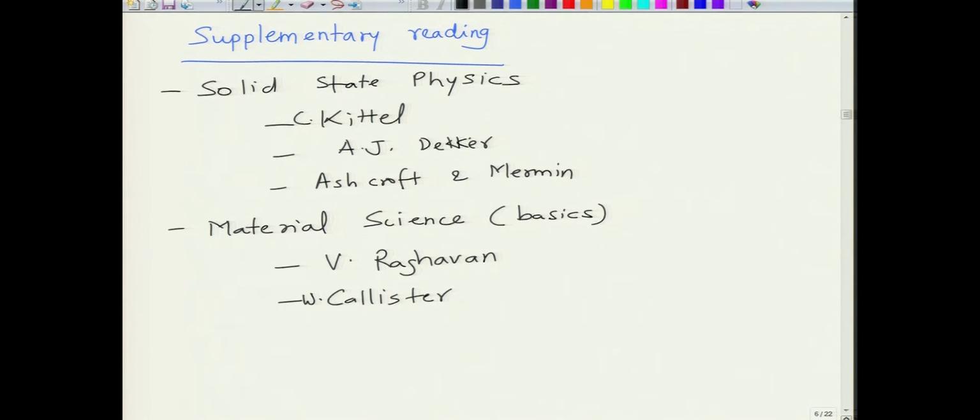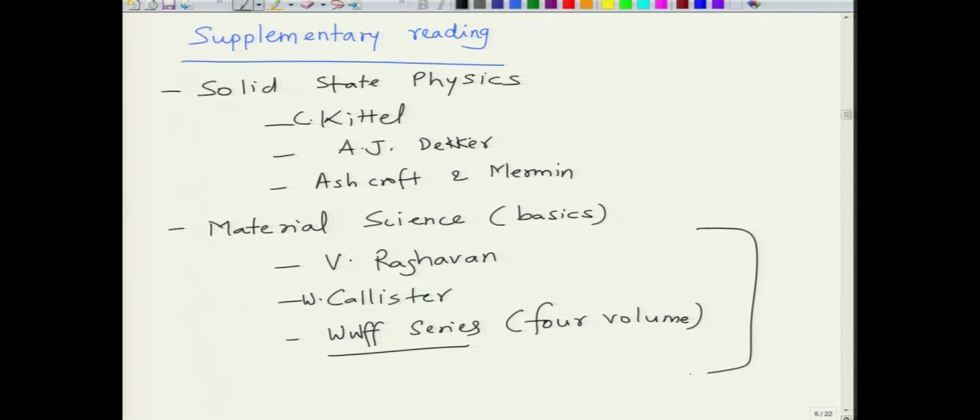This is again a similar book to Raghavan, but I consider Raghavan a little better in terms of its content. And then we have the Wulff series. This is a 4-volume series; we call it the Wulff series, but basically it is a materials science and engineering series from MIT. It is a very old book, but it is a very nice book to read. So, these are the books you can read to improve your material science fundamentals, and these are the books you can read to improve your solid state physics fundamentals.